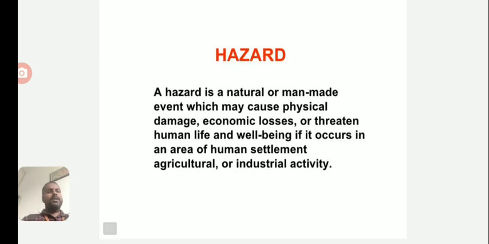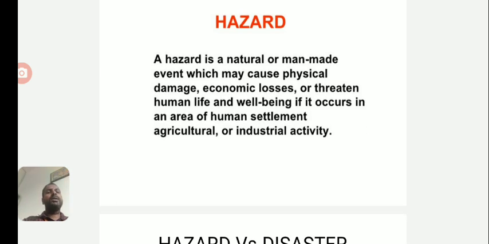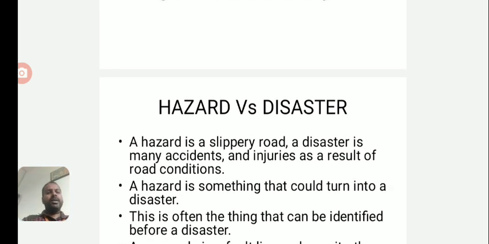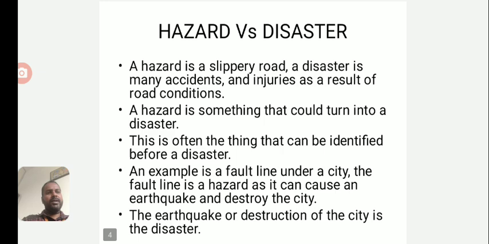Now, a hazard is a natural or man-made event which may cause physical damage or economic loss or threaten human life and well-being if it occurs in human settlements, agricultural and industrial activities. What is the difference between hazard and disaster?